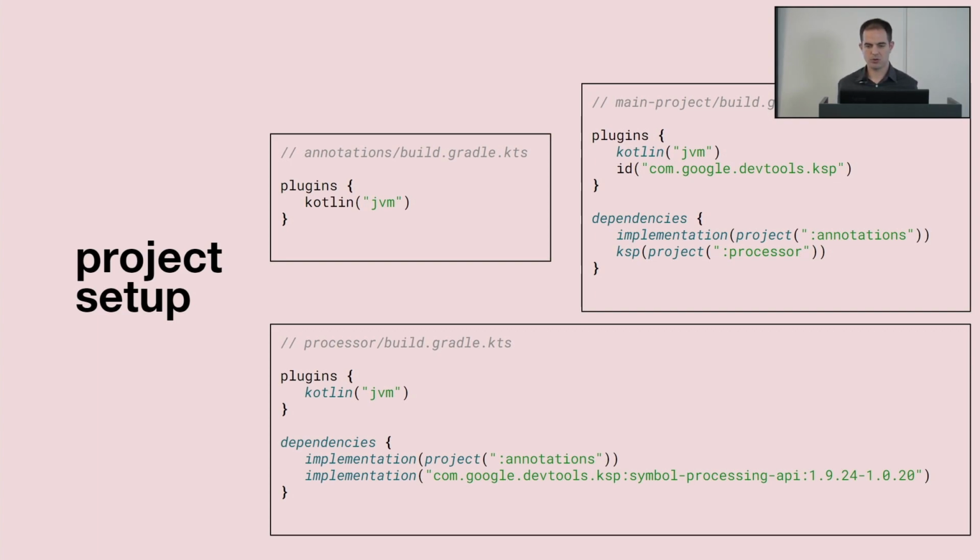The same diagram can be shown here as a build Gradle structure. So the annotation module is just a simple pure Kotlin module. It doesn't contain anything. Then we have this processor module on the bottom part. This has to reference the annotations module and also the Kotlin symbol processing API. And your main project has to include your annotations module and your processor module in a KSP configuration.